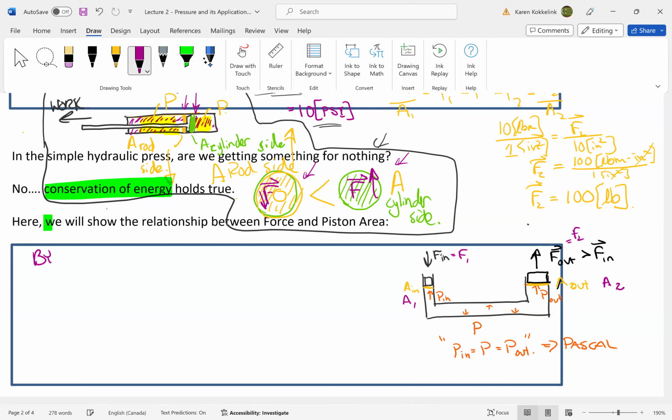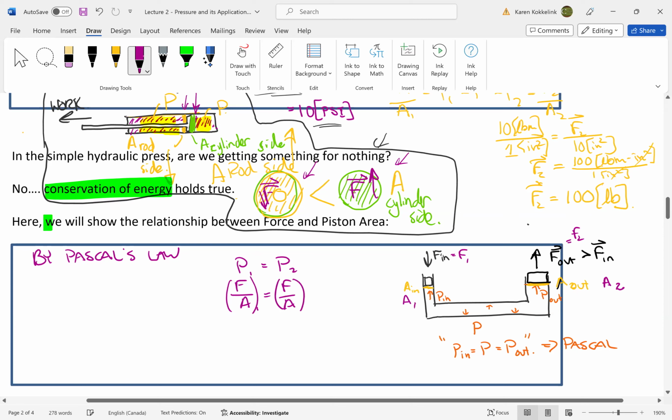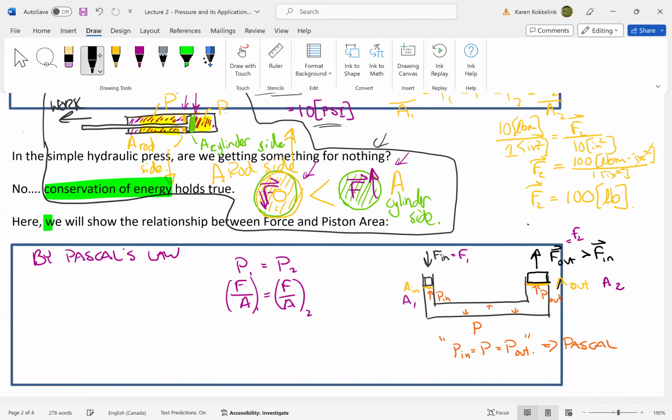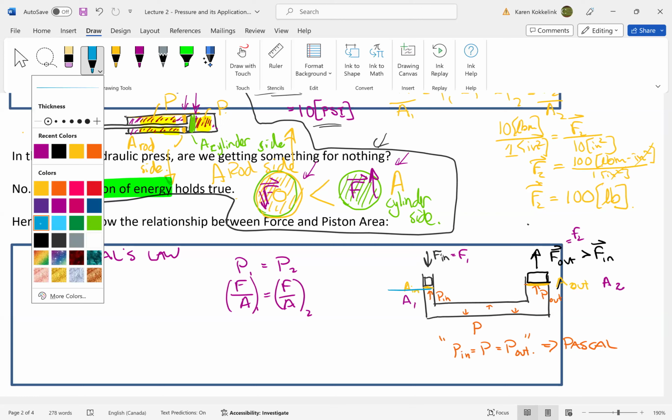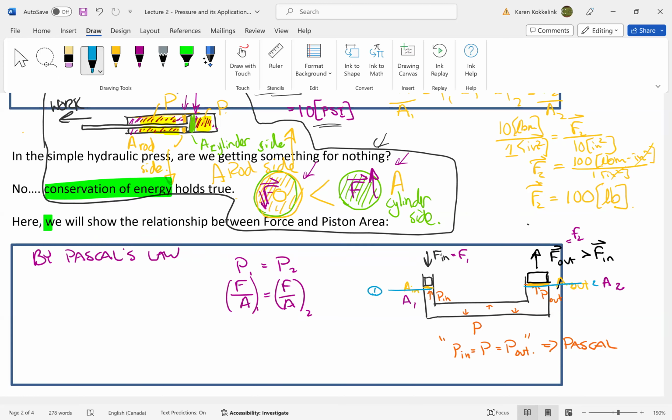So by Pascal's law, P1 must equal P2, which means that F1 over A1 is the same as F over A at location 2, if I want to label these location 1, location 2. Force over area is the same ratio. So F1 over A1 equals F2 over A2.